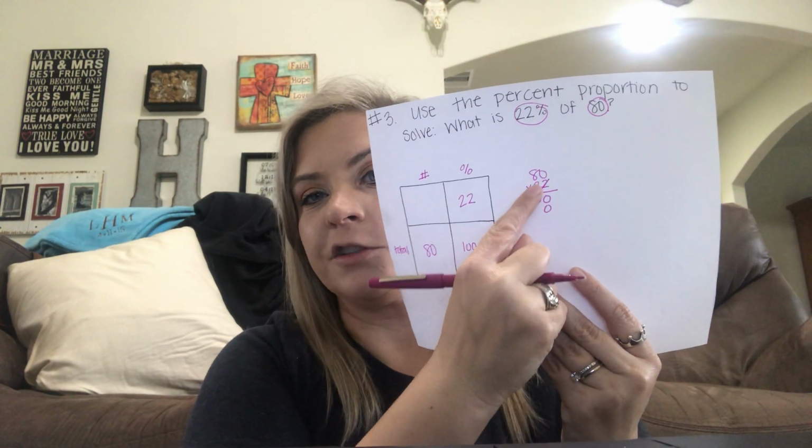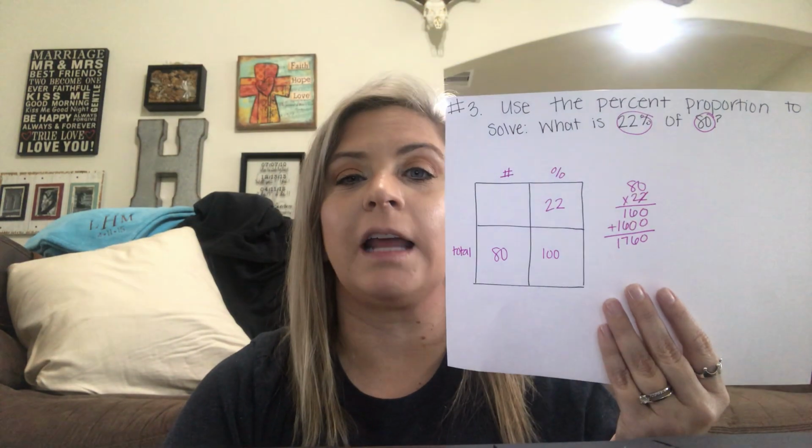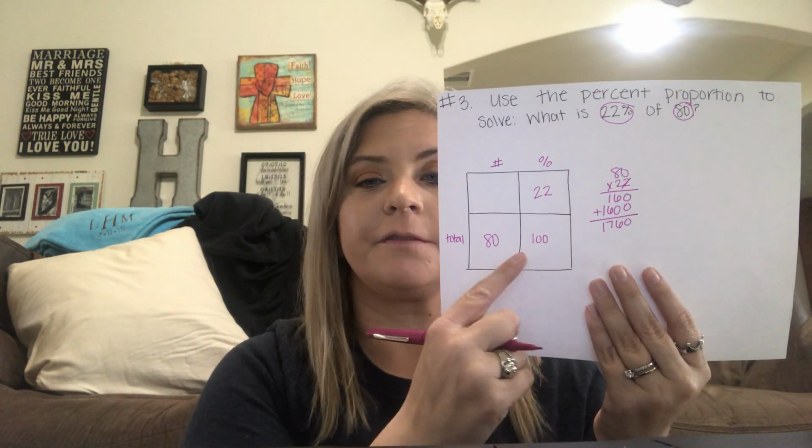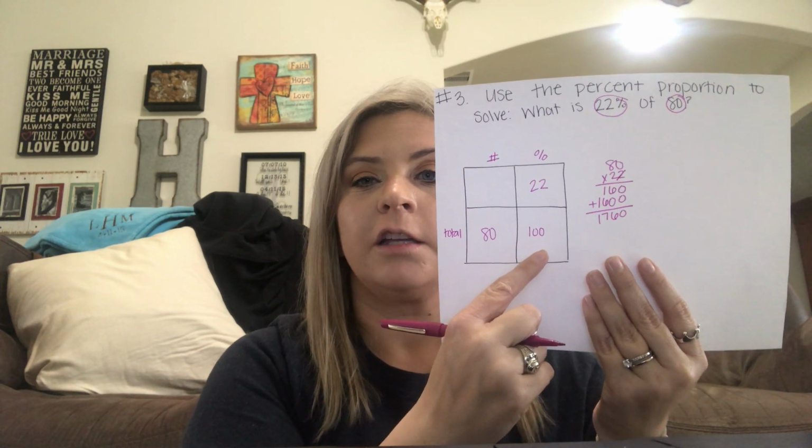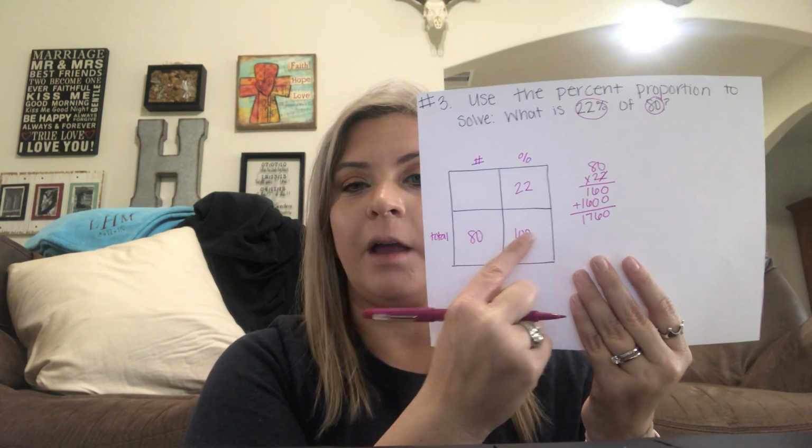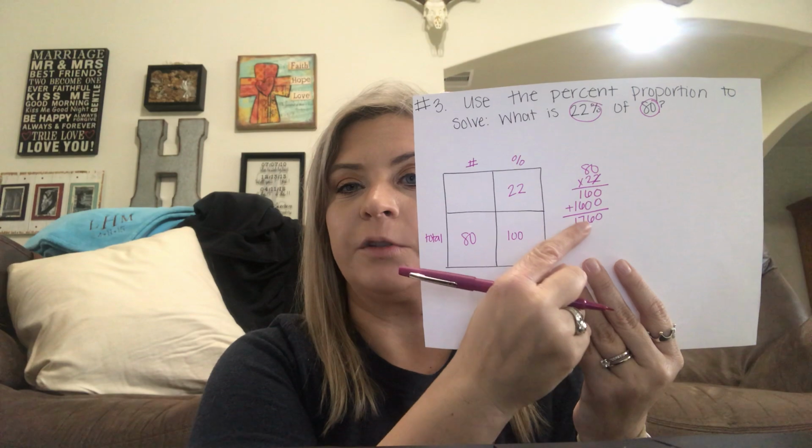So now we've got to do 2 times 0, which is 0. 2 times 8 is 16. And we add those 2 numbers together. And you get 1,760. From there, we've got to divide by 100. Now, when you're dividing by 100, you just can move the decimal 2 places to the left.